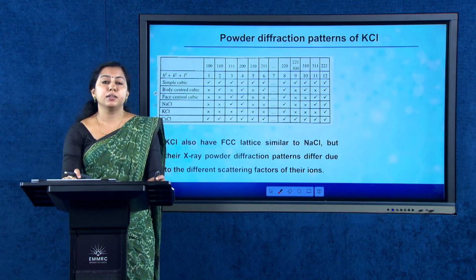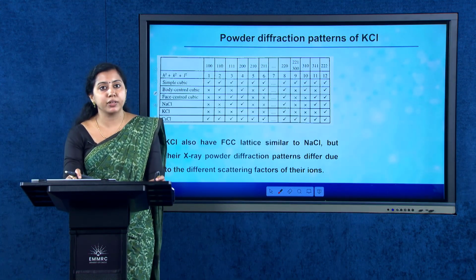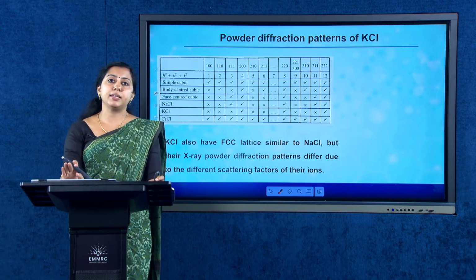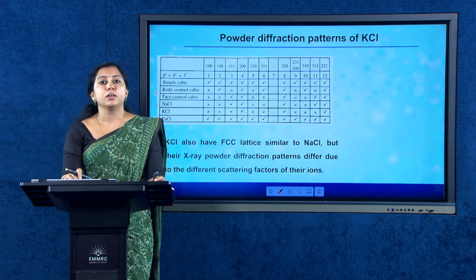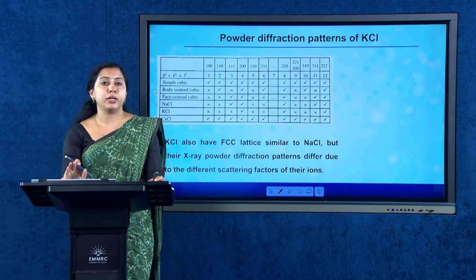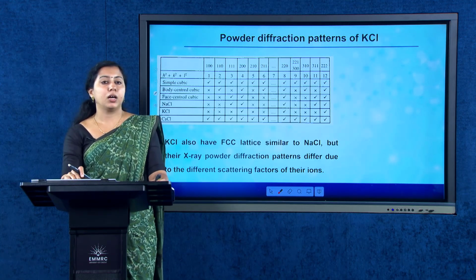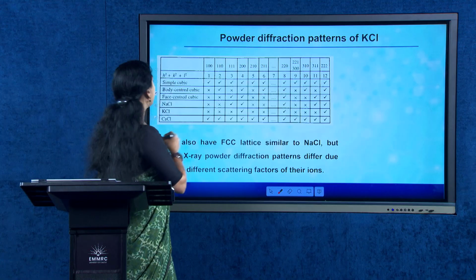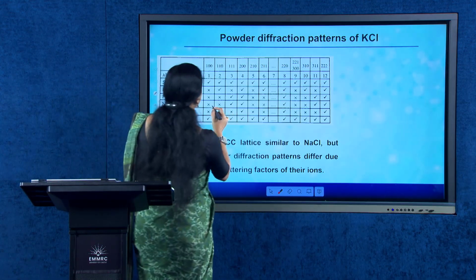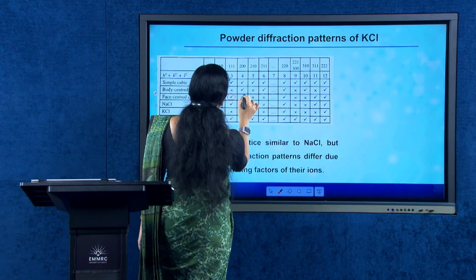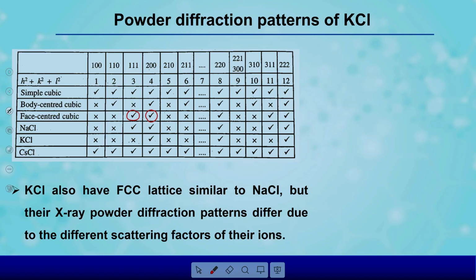Now, let us consider the powder diffraction pattern of KCl. Actually, KCl also has a similar structure to NaCl, and both correspond to an FCC lattice. However, when we look at the powder diffraction pattern of KCl, for the face centered we have reflections at 111, 200, 220, etc. For NaCl we have already seen that it has similar reflections to FCC.